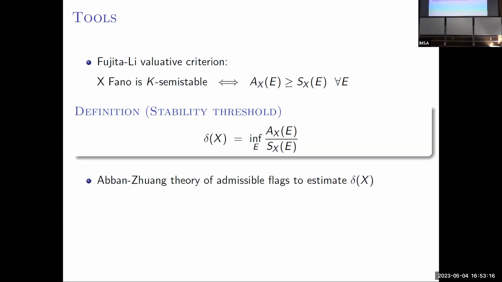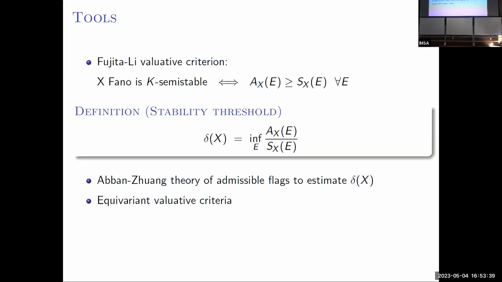And then there are tools for estimating this invariant. In particular, there is the Abban-Zhuang theory of admissible flags, a very efficient way of giving lower bounds for the delta invariant, the stability threshold.